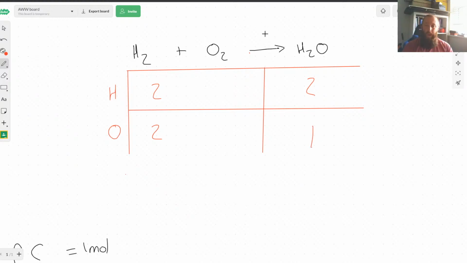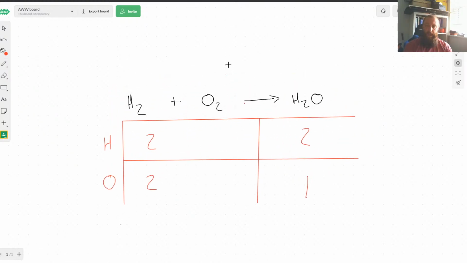Now, we cannot put a number inside of a molecule. If we do that, we end up changing the molecule into something completely different. Okay, which means we've got a different chemical reaction. And I'll show you what I mean.